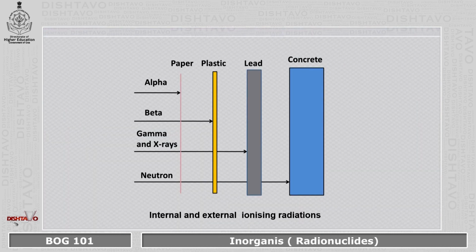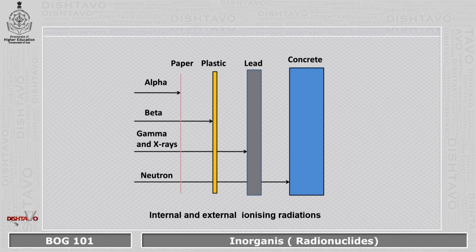So radiations can be classified into two types, that is internal ionizing radiation and external ionizing radiations. For example, alpha and beta, their penetration power inside the body is very less, and gamma and x-ray and neutrons have penetration power which is far greater.